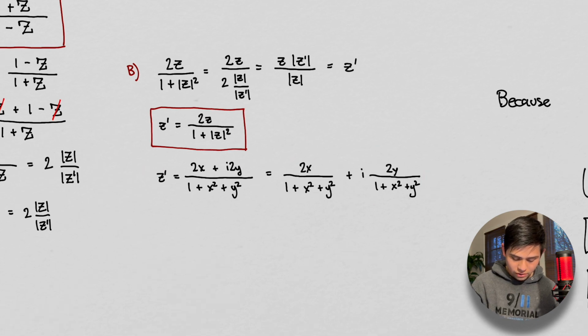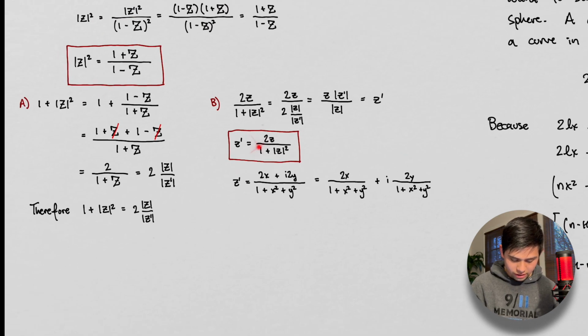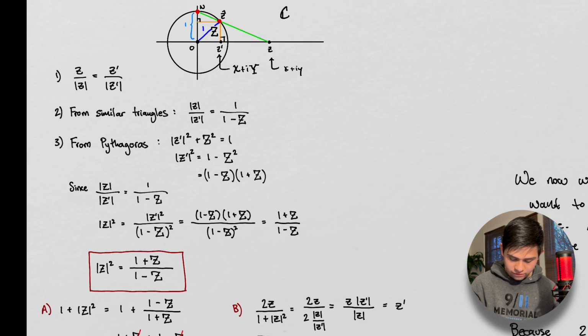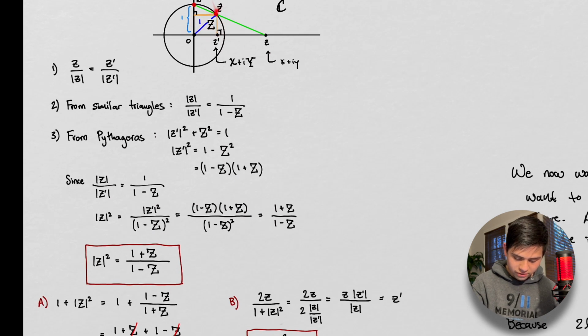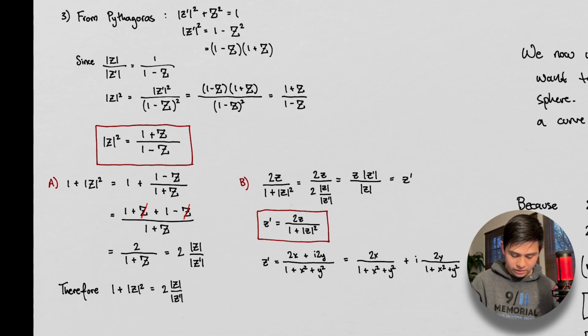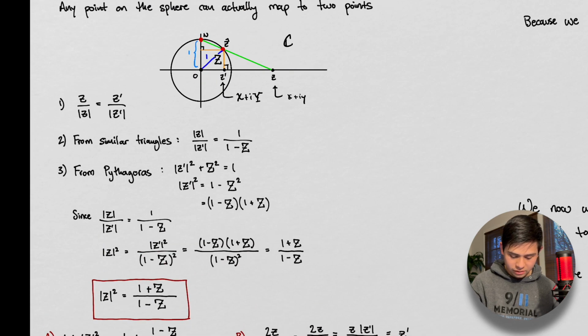So now we're getting the coordinates of Z prime in terms of Z, and we can get the distance above the complex plane in terms of Z as well. That should tell us everything about how we relate this second point to this original point.